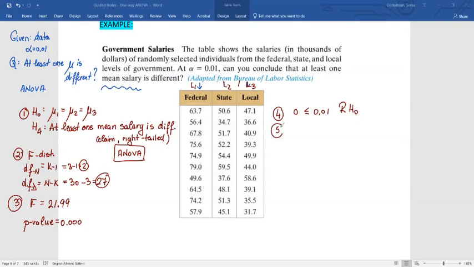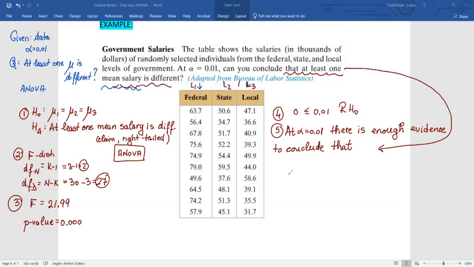And the last step, I will say at alpha equals 0.01, there is enough evidence to support the claim, or I'll just simply copy this down. So at alpha equals 0.01, there is enough evidence to conclude that at least one mean salary is different, and that's how we do an ANOVA.